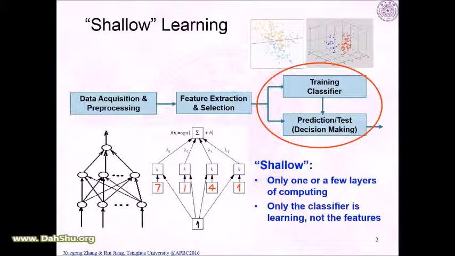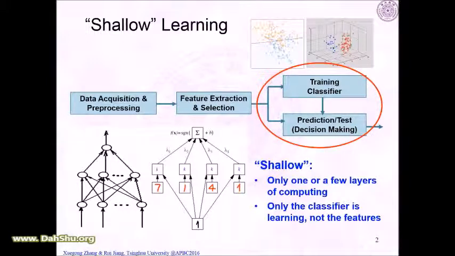And another reason they call it shallow, to me, this is my understanding. Most people understand it in the first way, but my understanding is that they are shallow in the sense that only the classifier is learning. So in this whole diagram, we get the original data and we do the feature extraction and feature selection, and we let the machine learn how to classify them.